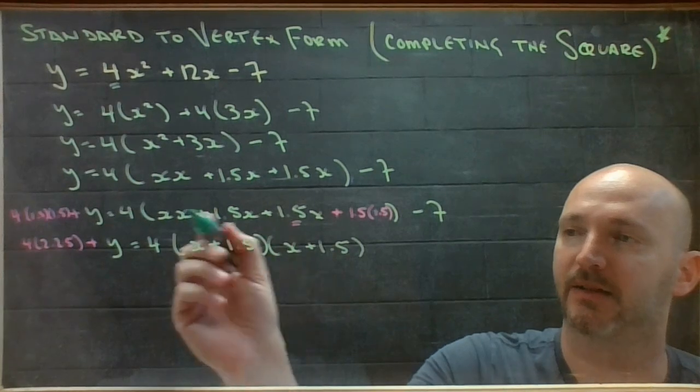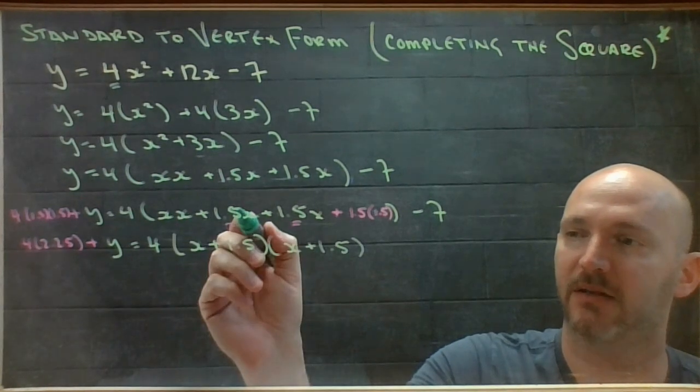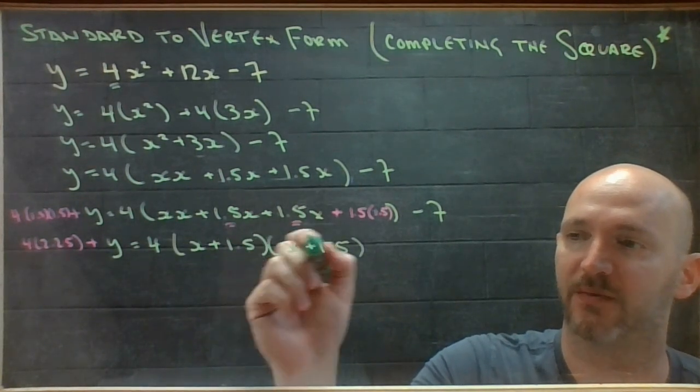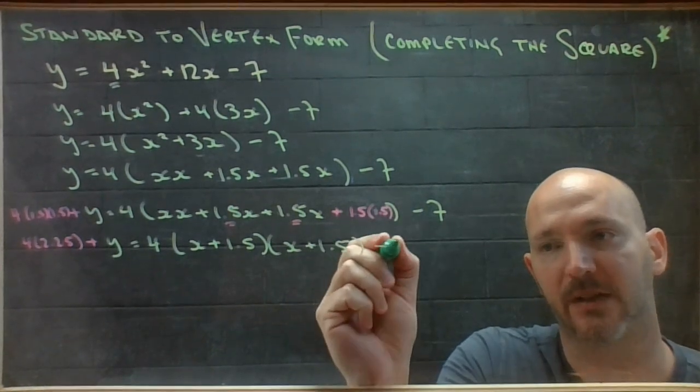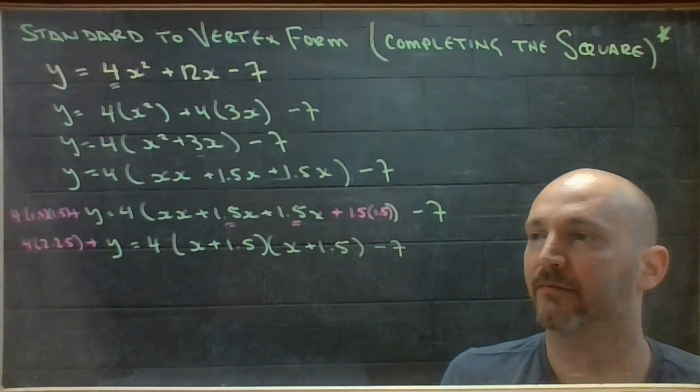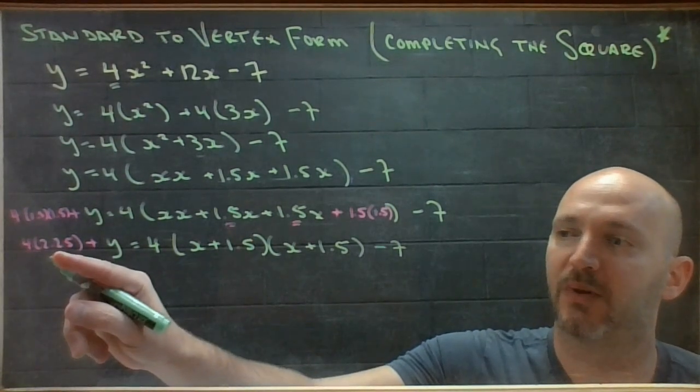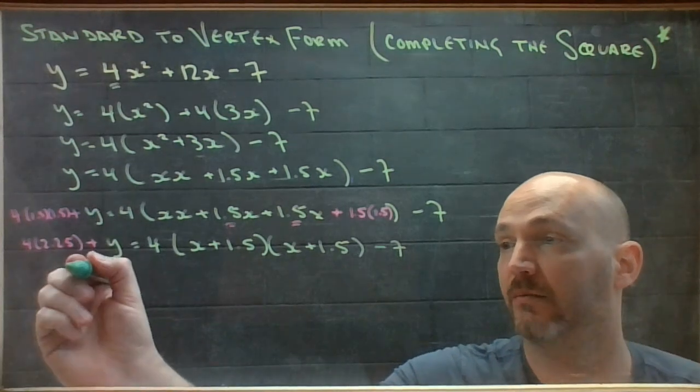Right, x and x is x squared, x and 1.5, 1.5 and x, 1.5 and 1.5. This is still kicking around at the back. 4 times 2.25 is 9.